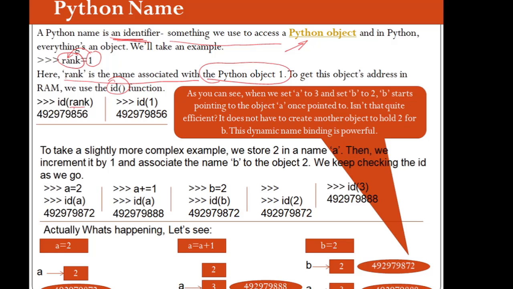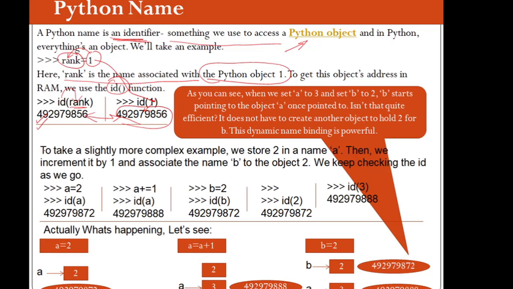We pass the name of the variable to the id function, and it gives you the memory address. Then id of 1, the object we have passed here. When we try to find the object's address in the RAM, it gives the same address. You can see the same address has been returned for rank and the same address for 1.